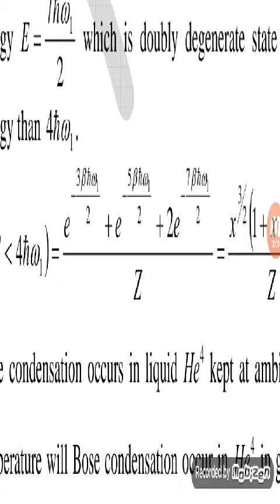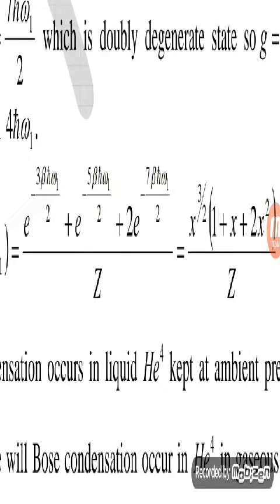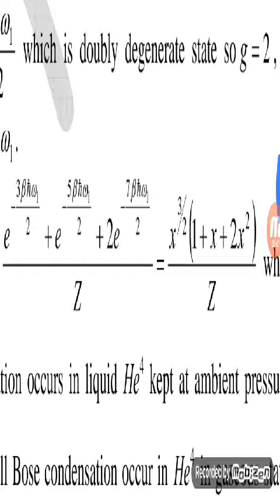The partition function is nothing but the summation over all the possible states of e power of minus E by kT. Here, instead of e power of minus beta h cross omega, we substitute x, and we get the answer as x to the power 3 by 2 times (1 plus x plus 2 x square) by Z.